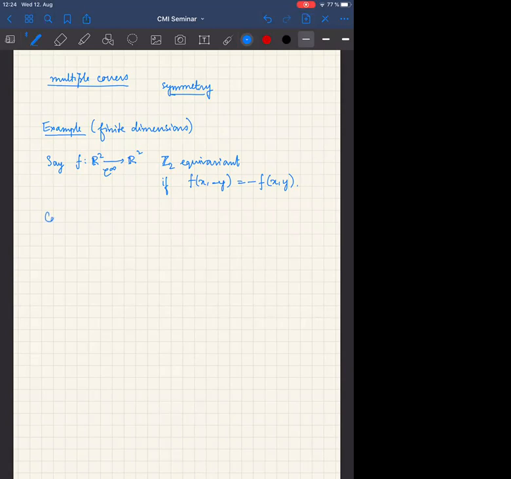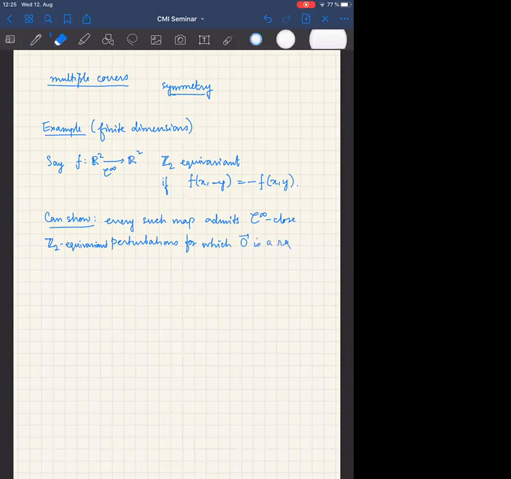Now one can show, either directly or by using methods which are similar to showing that generic functions on a smooth manifold are Morse, that every such map admits small perturbations, and very important, Z2 equivariant perturbations, for which 0, the origin, is a regular value.